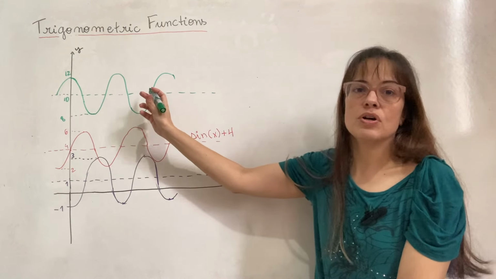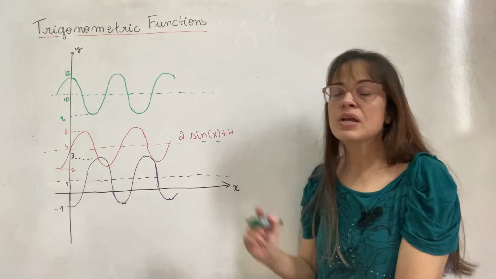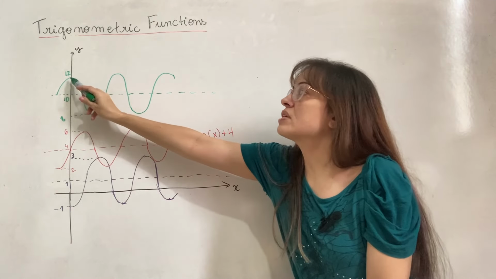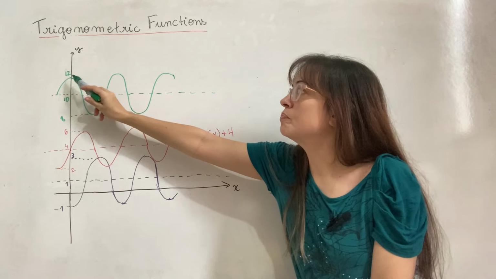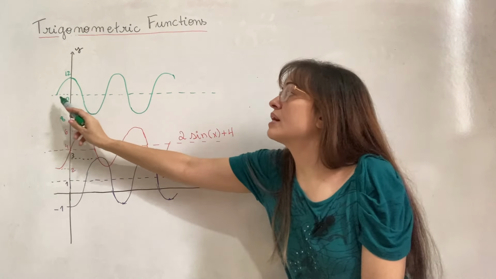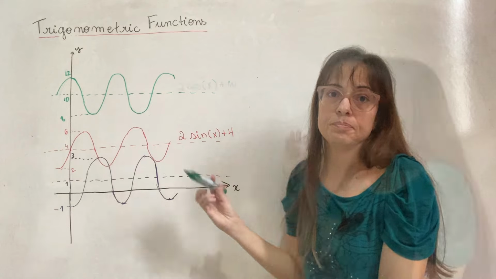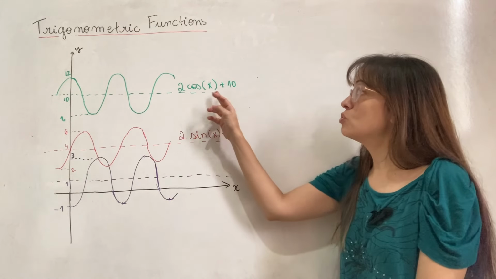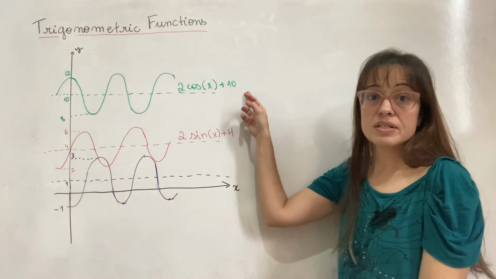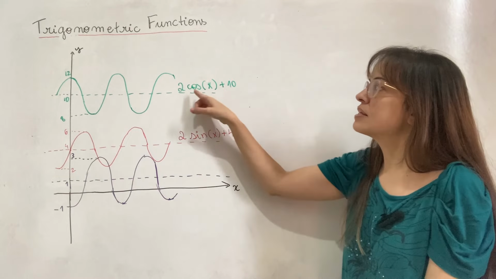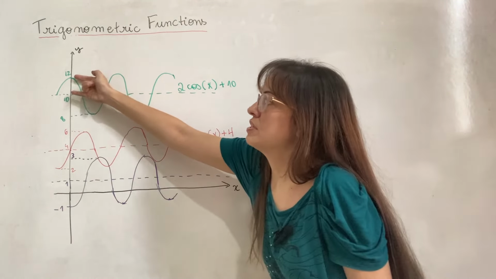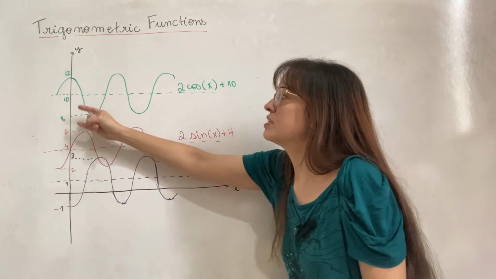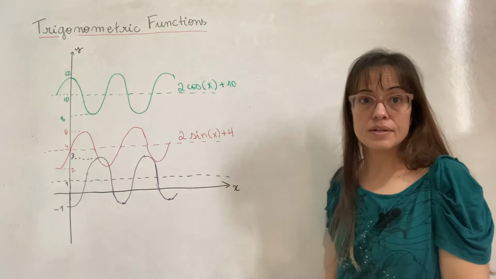But the green function is not a sine function. The green function is a cosine function because it starts at 12, which is its maximum, and its principal axis is at 10. So I know that it is the function 2 cosine x plus 10 because 10 is the principal axis and 2 is the amplitude, which is the distance between 10 and 12, or if you prefer, the distance between 8 and 10.